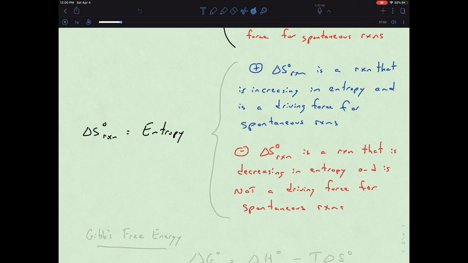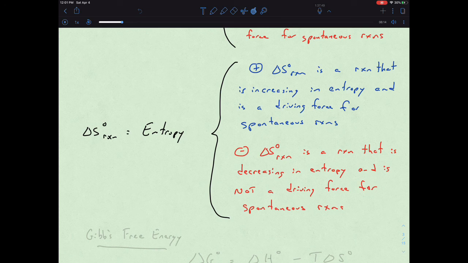And so that's what we have with our entropy. So that's just looking at signs and what we've talked about in the past, as far as whether something is a driving force or not given that sign.